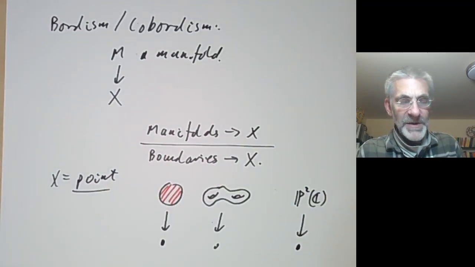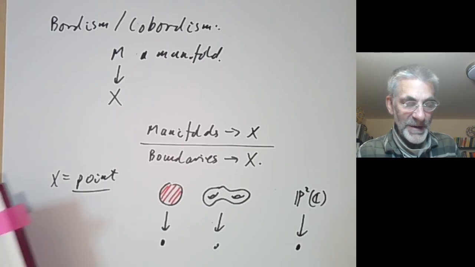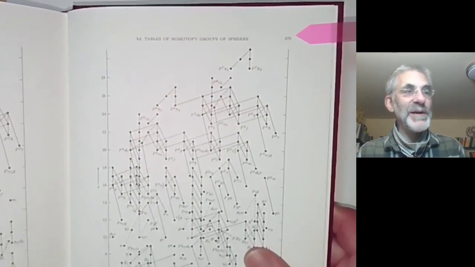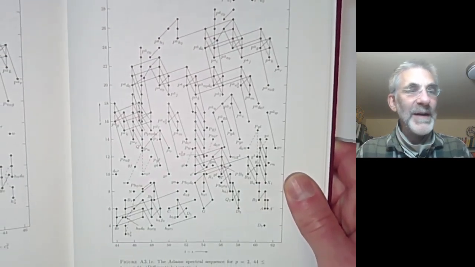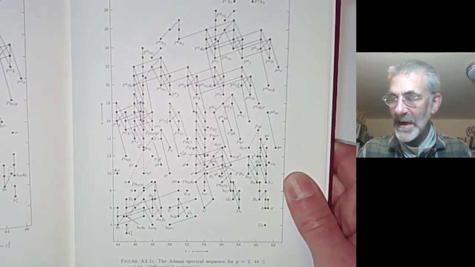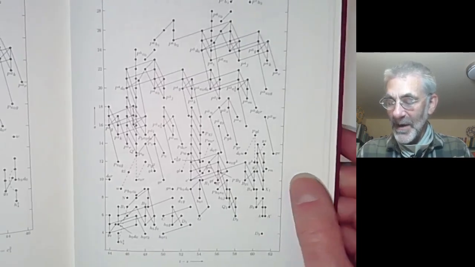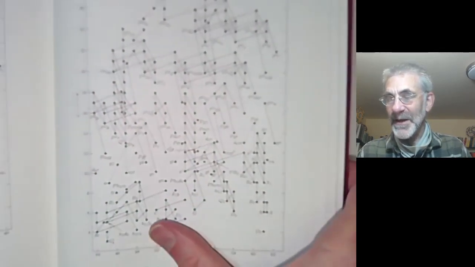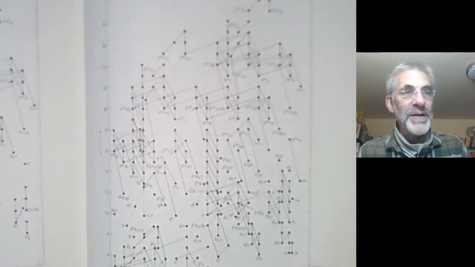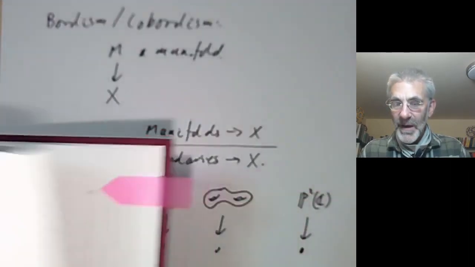The calculations for this really get very complicated. Let me just give you an example of one of the calculations from one of the pages near the end of his book. This is part of the calculation of an Adams spectral sequence, which will tell you some of the homotopy groups of spheres, and it goes on for a few pages, and you can see just how incredibly complicated these calculations become.